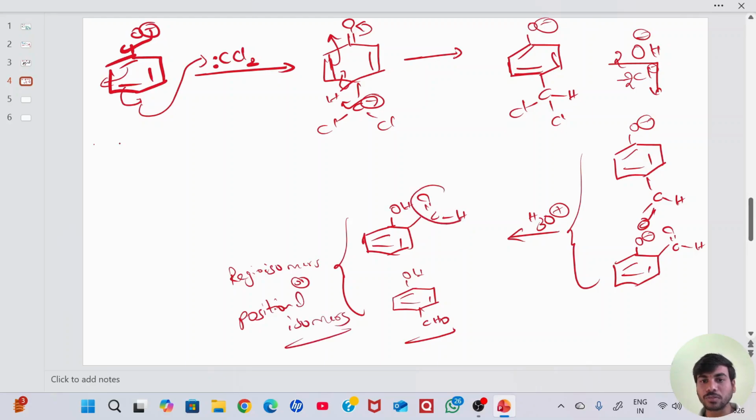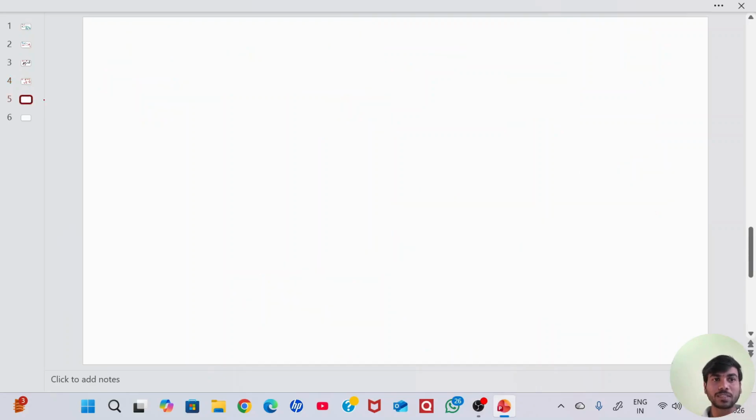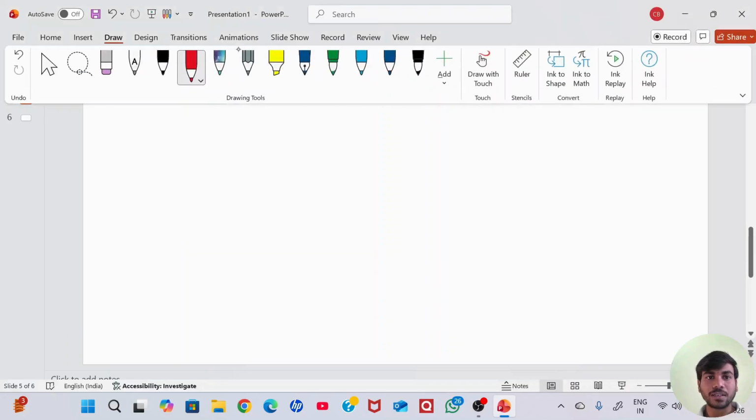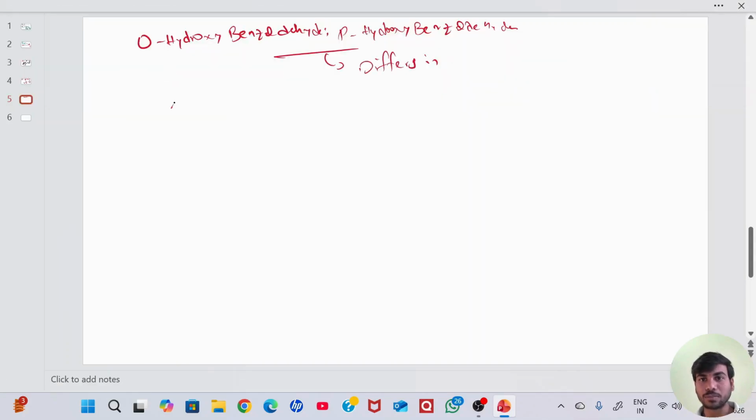because the position of one of the moieties or an atom or a group is changed or differs between these two. Okay, and one more point I want to stress over here is these two differ in boiling point. I'm stressing this point.